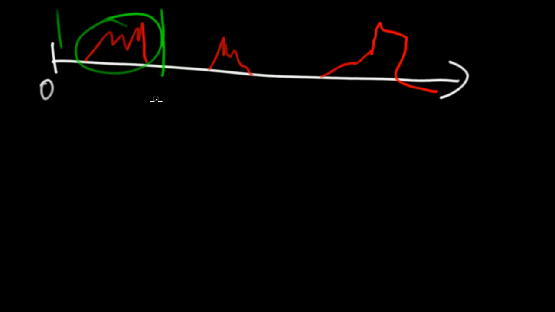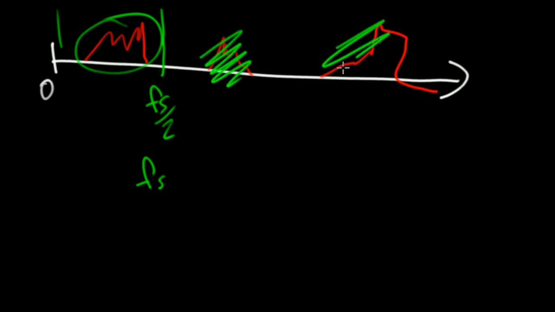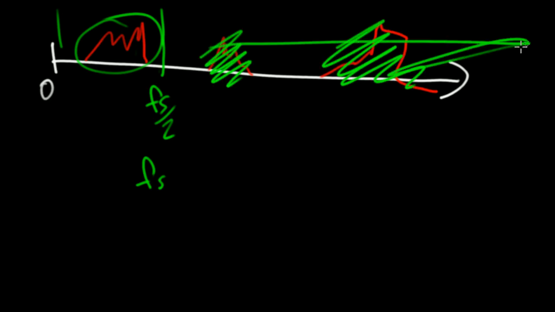We take this frequency and call that f of s over 2, and we're going to choose our sample rate that is twice that. So our sample rate is going to be f of s. And then we have to filter in the analog domain before we sample. We filter this out, and we filter this out. We filter out all this stuff to the right. In other words, we use a low-pass filter. The frequency response of the filter ideally would look something like this.